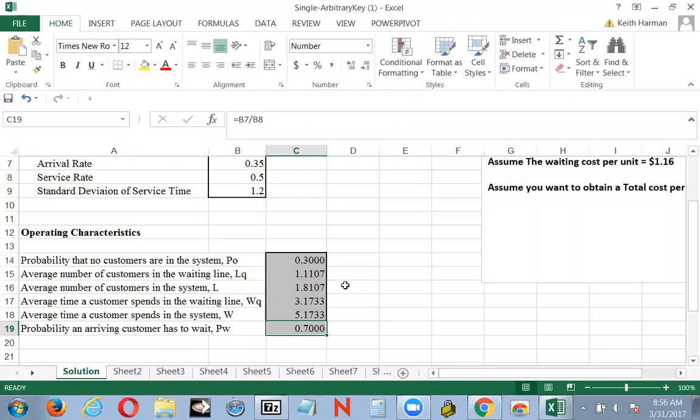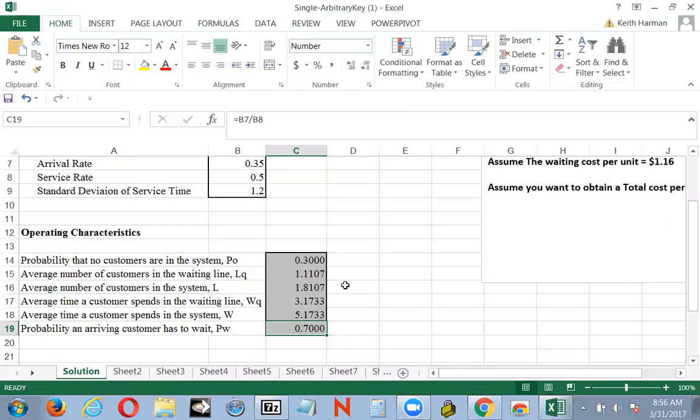If you look at row 14 and row 19, they show you the probability that no one is in the system is 30%, and the probability that an arriving customer has to wait is 70%. Obviously, the two of those together equal 1, as all probabilities ought to.